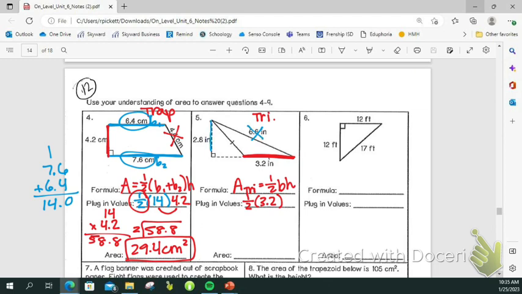Our height is this dimension right here that shows us from the top of the triangle all the way down to the base is 2.8. So we've got to do 3.2 times 2.8. And that gives us 8.96. And don't forget to half it because it's a triangle, which means divide by 2. 8.96 divided by 2 gives us 4.48, and those are square inches.